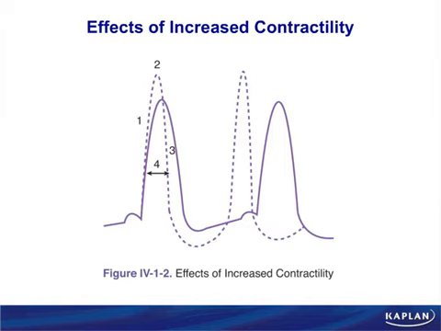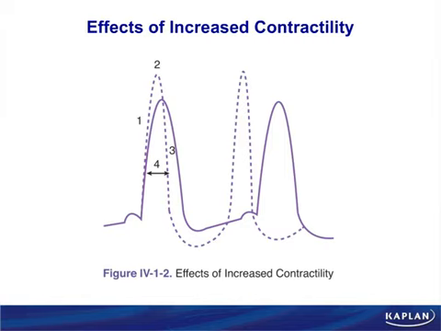Now we hit the heart with a beta-1 agonist like norepinephrine, dobutamine, epinephrine, etc. That's what's represented by the dashed lines. Notice the change in the pressure wave after giving the beta agonist. And we can label 4 different things on this, and we'll review it again after this slide. 1 represents dP/dt.